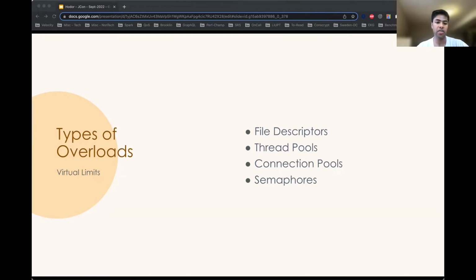These resource limitations are often created by software engineers as a result of certain design paradigms. For example, a software engineer might choose to create a thread pool with 100 threads. In such a case, there is a virtual limitation on the number of synchronous requests that can be processed concurrently.